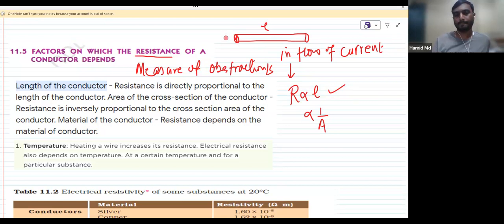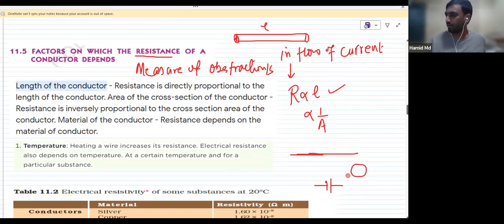Yes, sir. Okay, so if you put a measurement scale, for example, this is a wire of length L, and we have a battery. Here is a measuring instrument, say a galvanometer.